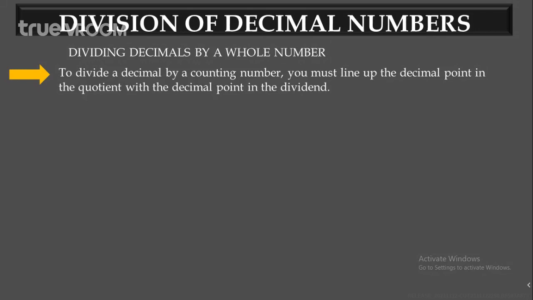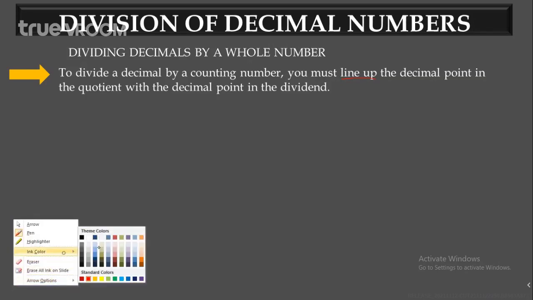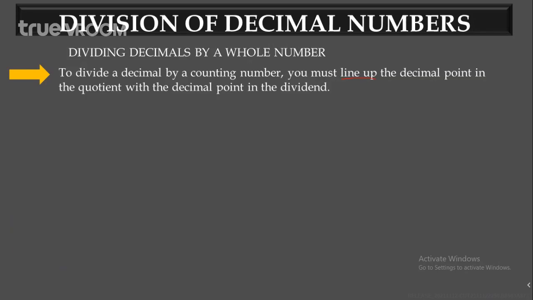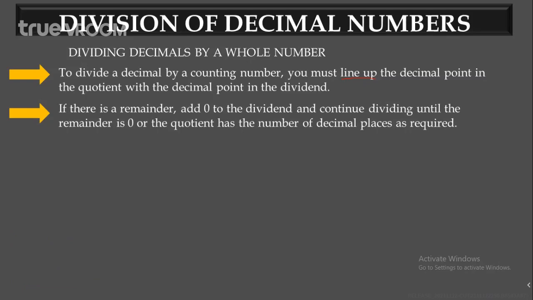So you must line up, meaning you need to put the decimal point right above the decimal point in your dividend. Also, if there is a remainder, you need to add 0 to the dividend and continue dividing until your answer is 0, or the quotient has the number of decimal places as required.